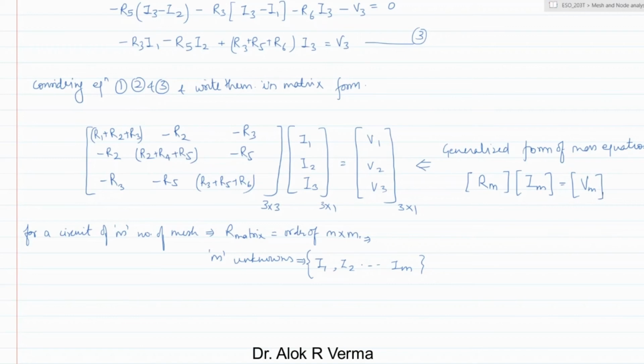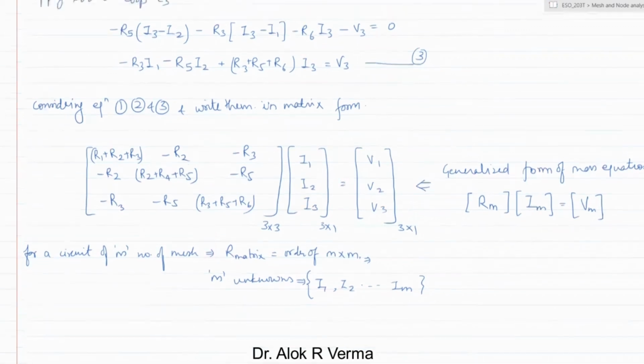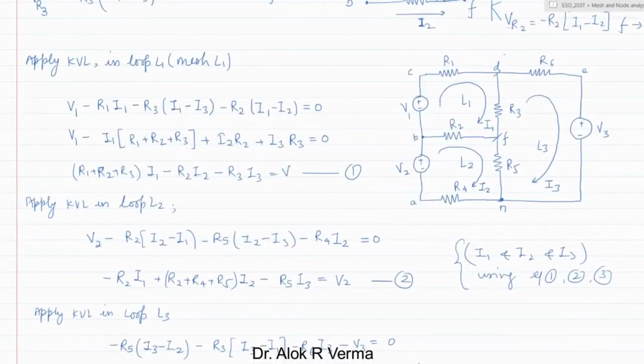Once all the I1, I2 and I3 are known, suppose we have calculated I1, I2 and I3, and then we are asked to find the current through, suppose, this R3. The net current in R3 is I1 minus I3 if the current is flowing in the direction of I1.